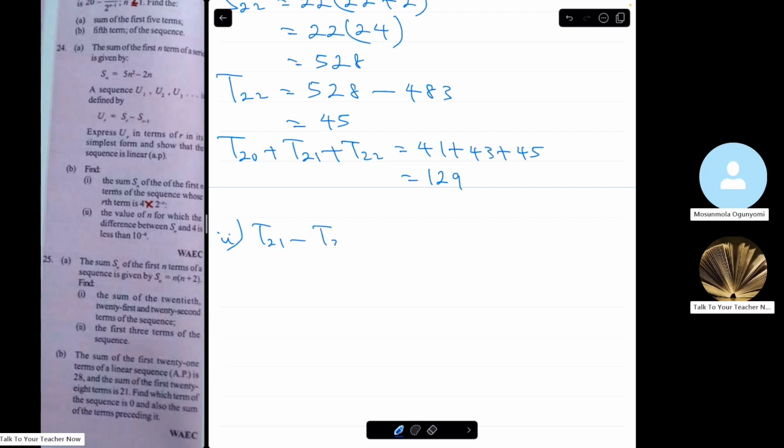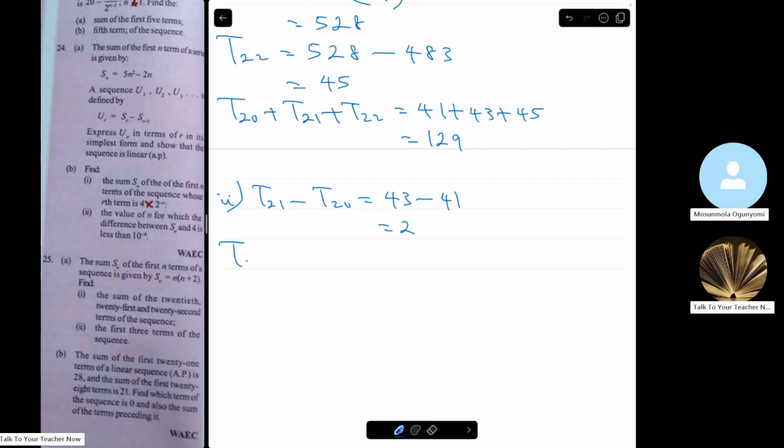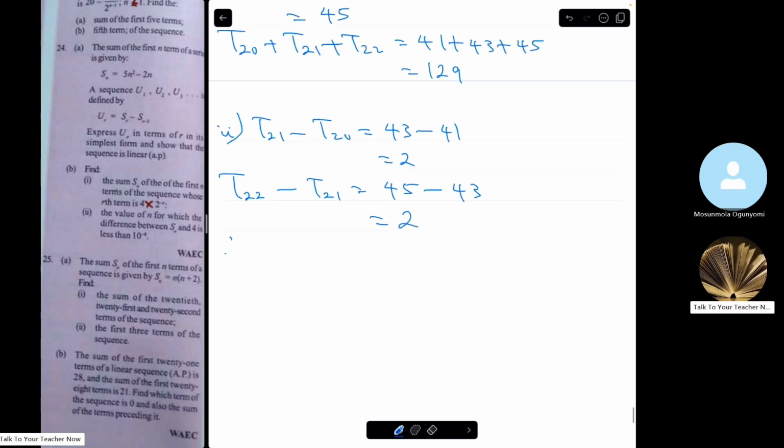T21 minus T20 is what? 43 minus 41, which is equal to 2. And at the same time, T22 minus T21 equals 45 minus 43, which is 2. That therefore means D is 2. So it's a linear sequence.